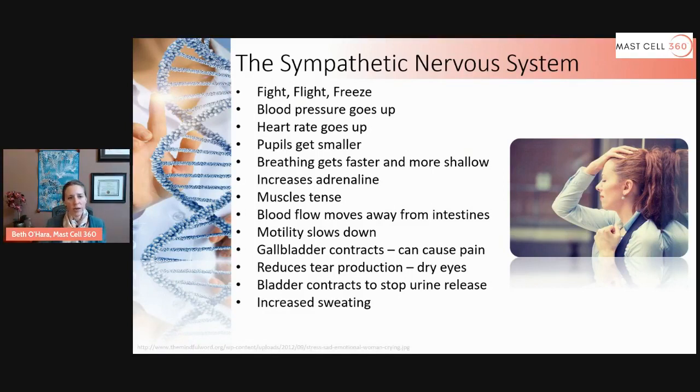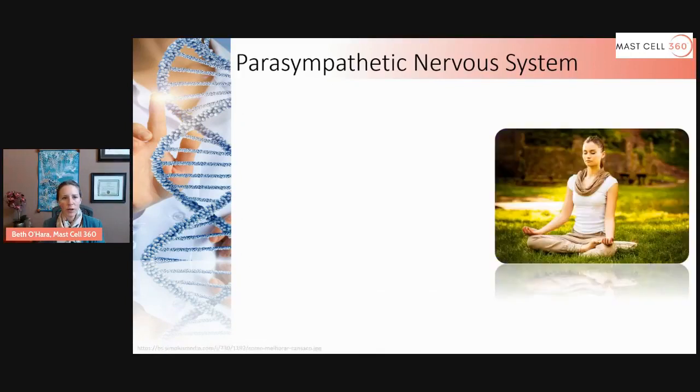were created to be in when we were running away from a bear, or we were running away from a lion, or saber-toothed tiger, however we want to think about it. And then we're supposed to switch back over to the parasympathetic mode but something about how our lives have become and what our culture has normalized, we've lost this.